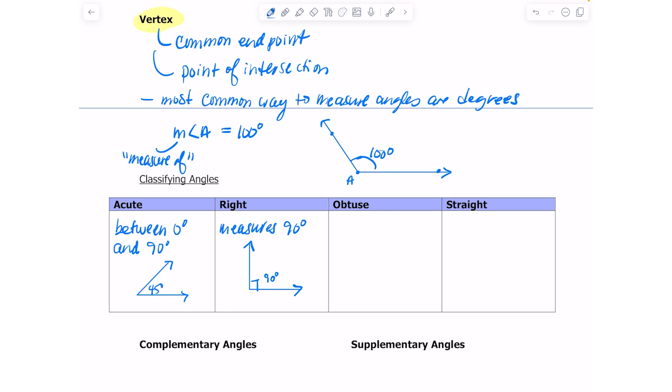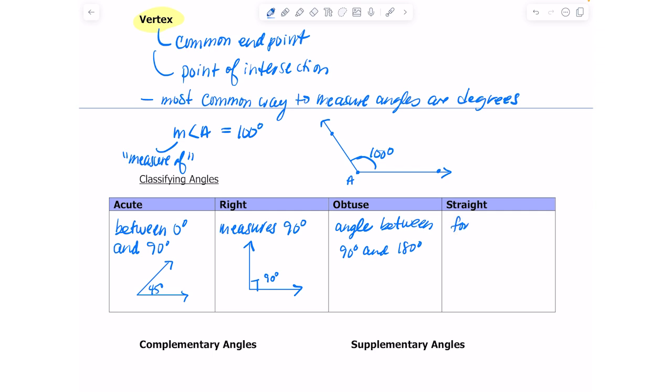And then we have obtuse angles, which are angles between 90 degrees and 180 degrees. Well, a 180-degree angle is a straight line.